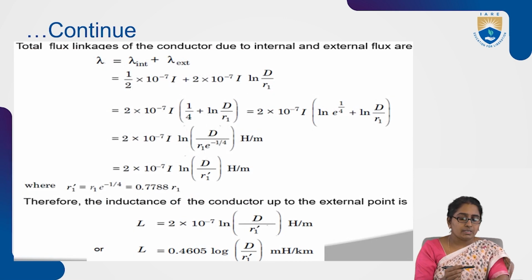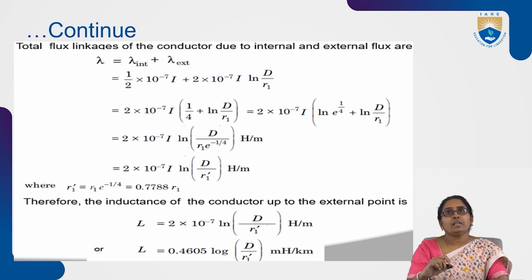Now, the total flux linkages is given by the sum of the internal flux and external flux. So psi is equal to psi internal plus psi external. We know the internal flux already.